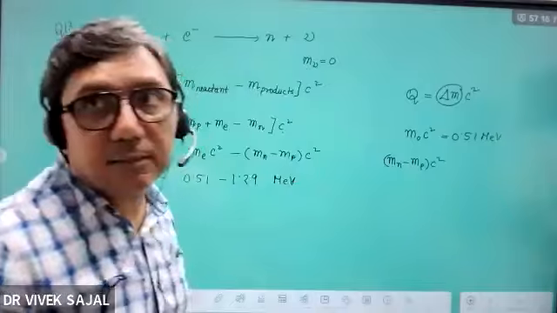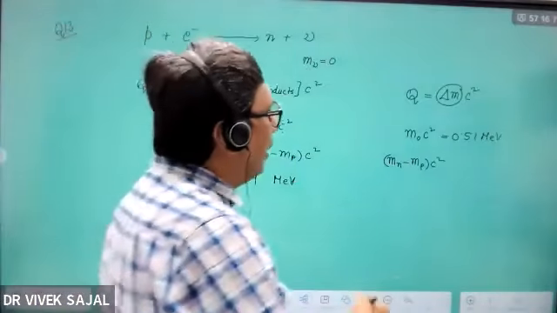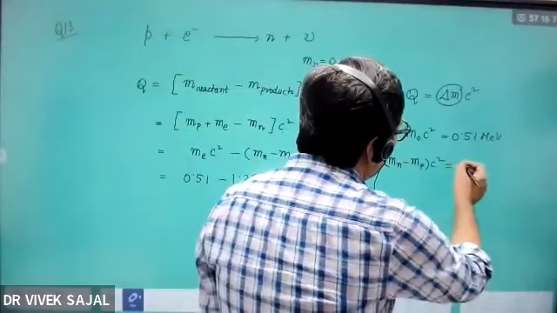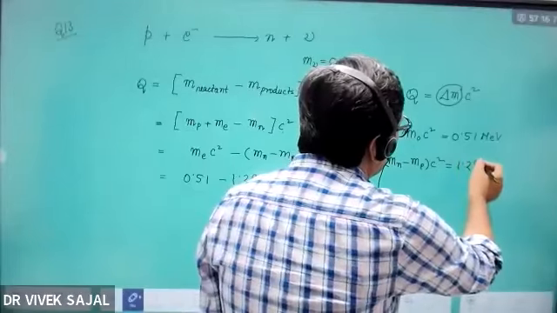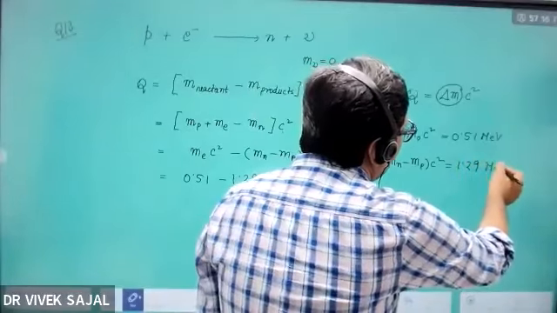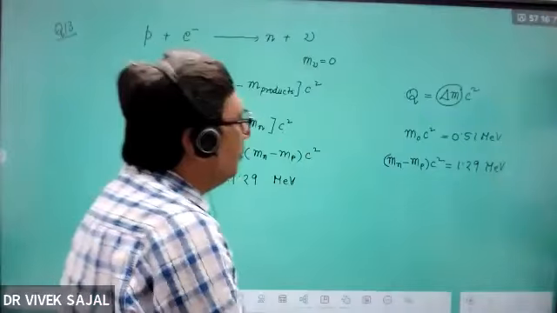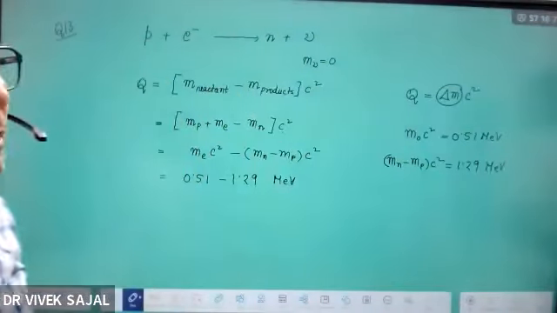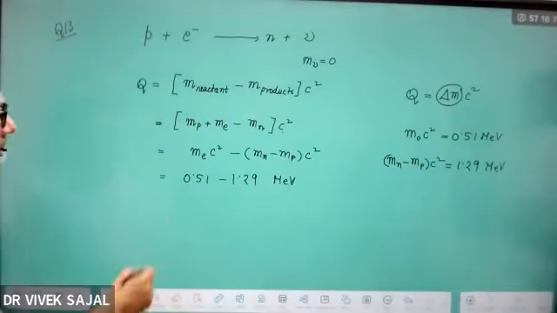In nuclear physics this number is very common, and it is equal to 1.29 MeV. I think in the second lecture we will introduce this number in nuclear physics. So you just remember it right now.